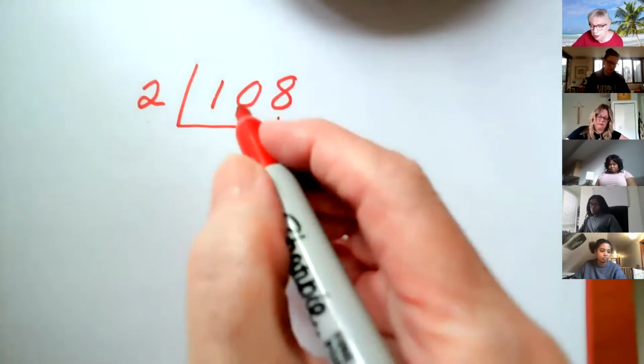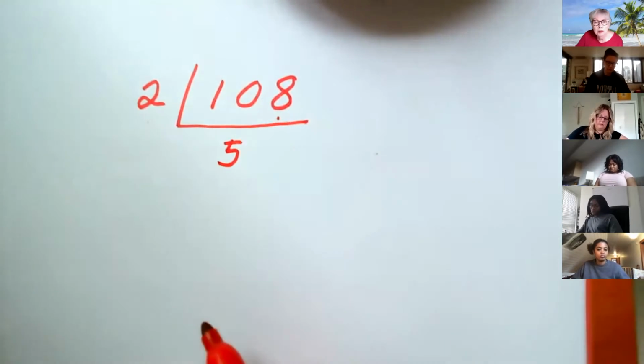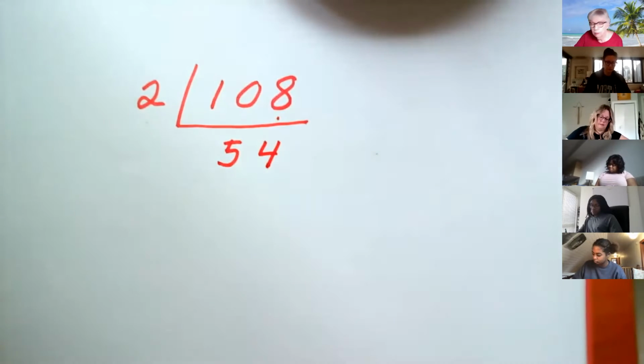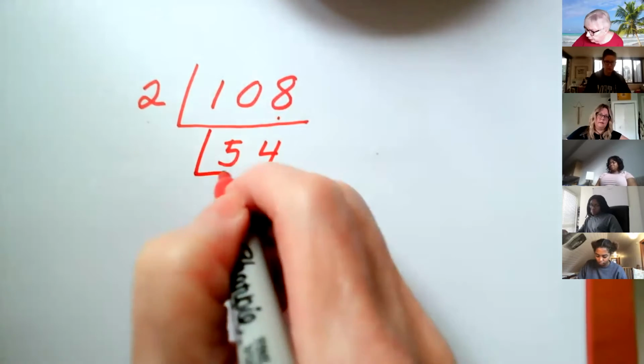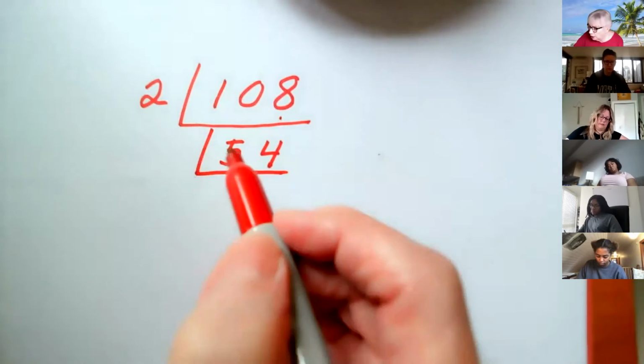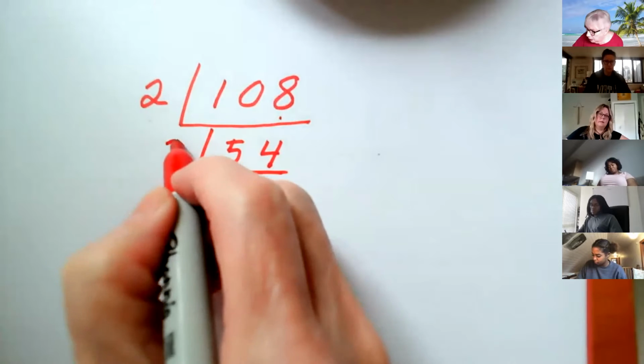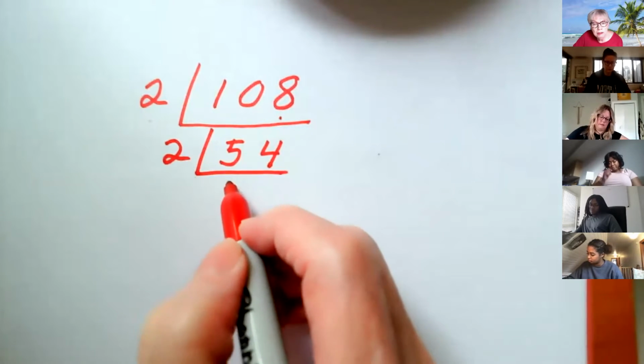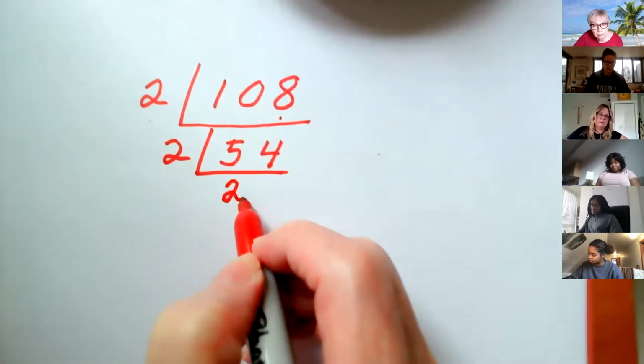So 2 goes into 10 5 times, nothing left over, right? And 2 goes into 8 4 times. Well, it's a smaller number. That's good, but we're not done. So I'm going to use 2 again because why not? It's even, and that's easy. So 2 goes into 5 twice.